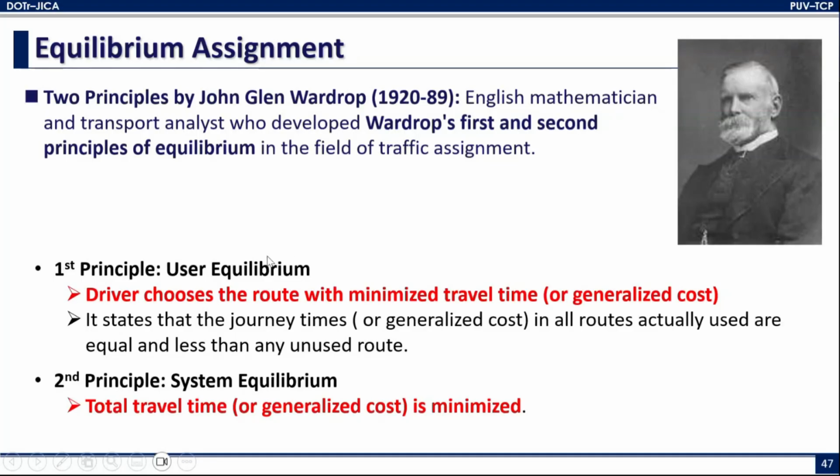This methodology was developed by the English mathematician John Glen Wardrop. He proposed two principles for the equilibrium assignment methodologies. The first one is the user equilibrium, and the second one is the system equilibrium.